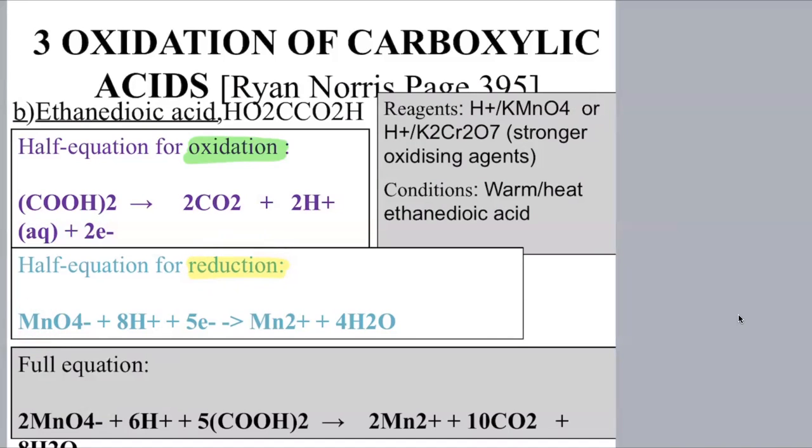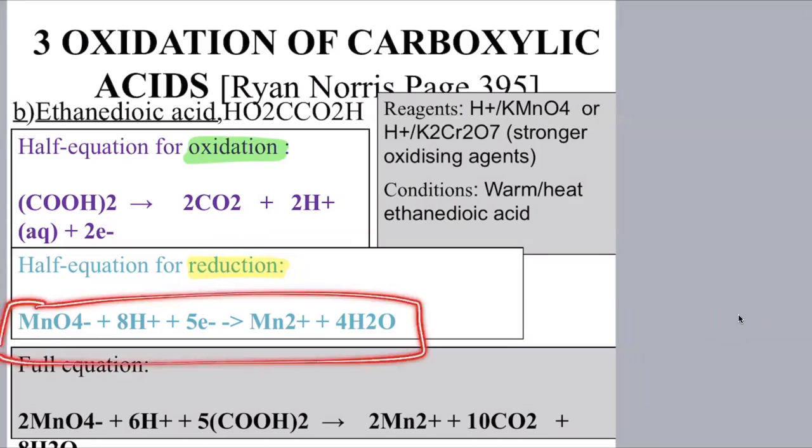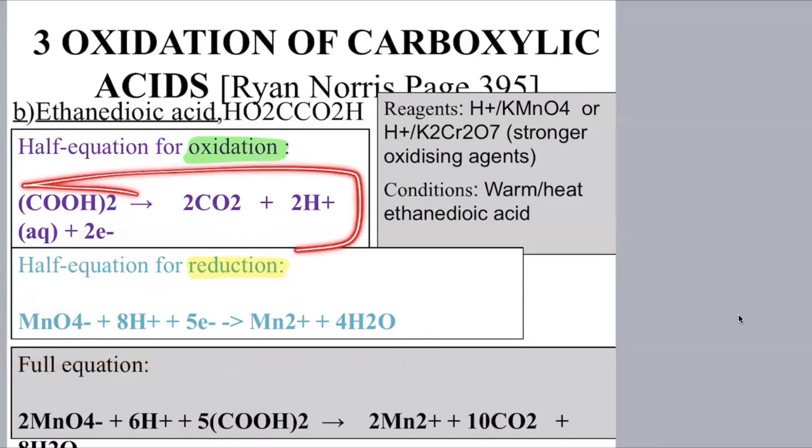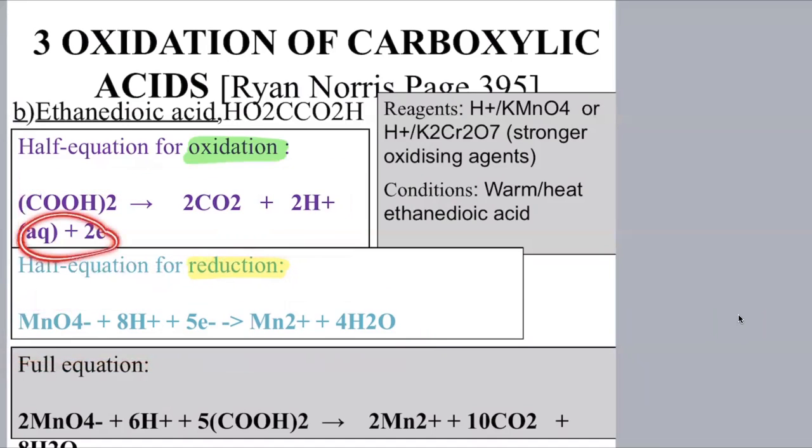Okay, so the half equation for MnO4 minus can be found in the data booklet, so you don't have to worry about that. It's just this one. Don't get confused. It should be written as (COOH)2 being oxidized into carbon dioxide plus 2H plus plus 2 electrons, okay?